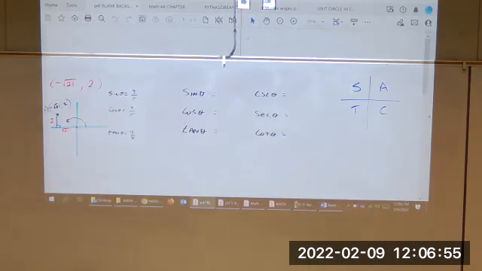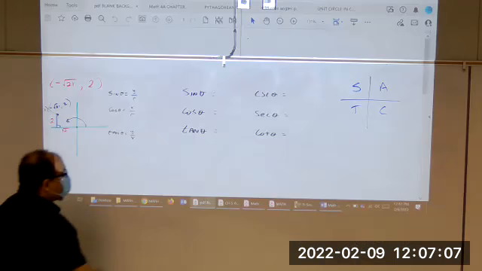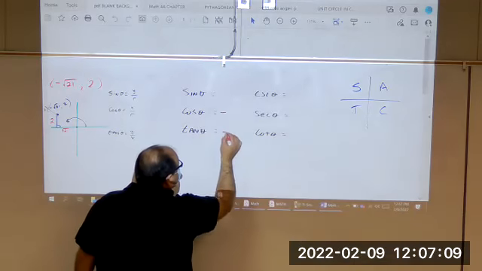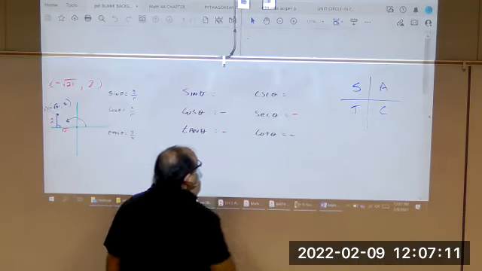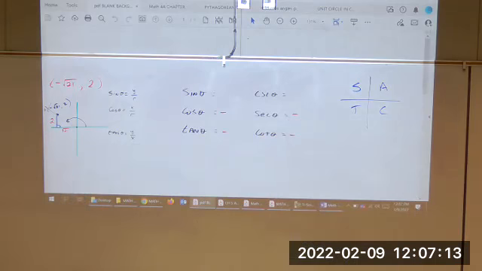What quadrant is that angle terminating in? 2. The only positive trig ratio in quadrant 2 is which one? Sine. So that means right away the others are negative. They're all negatives. And then the other two are positive, and I just get my numbers.